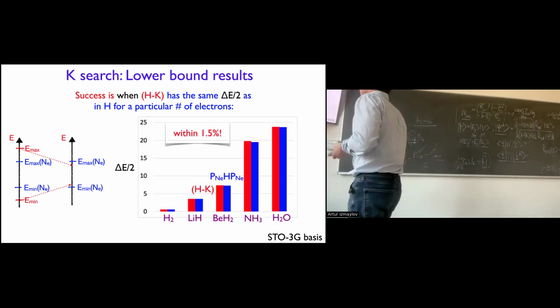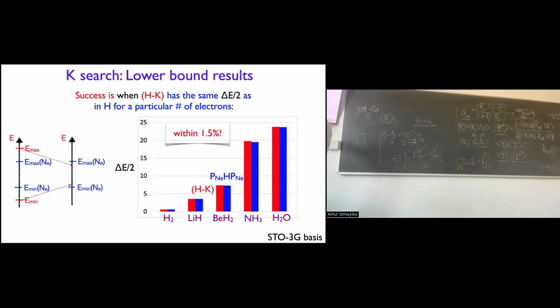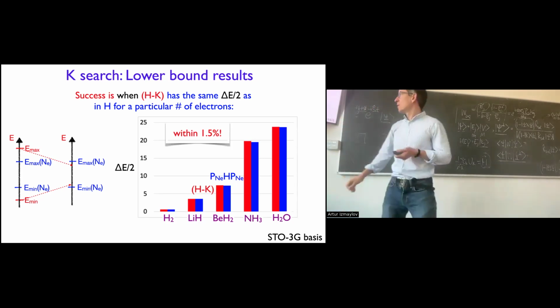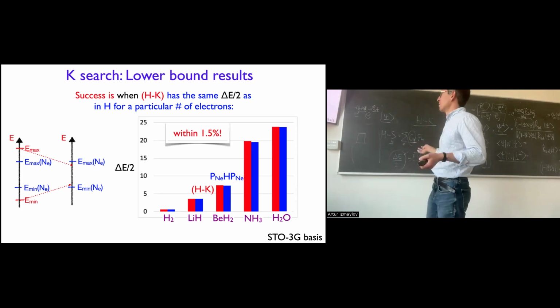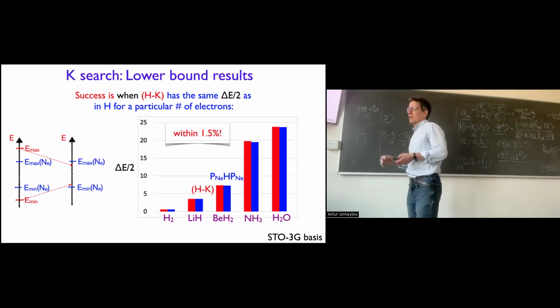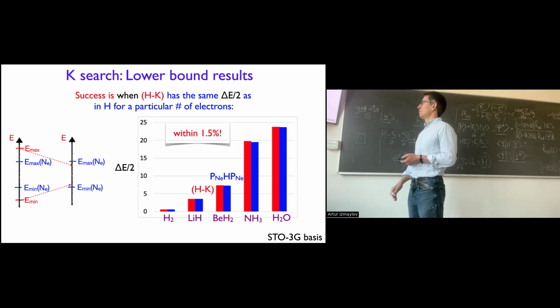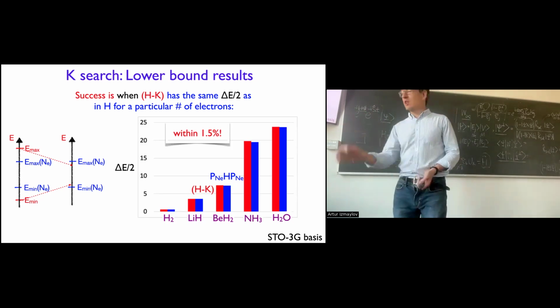Okay, so these are the results for small molecules. The red bars are the spectral range after introducing the killer, the blue bars correspond to the projection of the Hamiltonian in the right number of electrons. So all the wrong states with the wrong number of electrons are just projected to 0 and do not affect the spectral range.